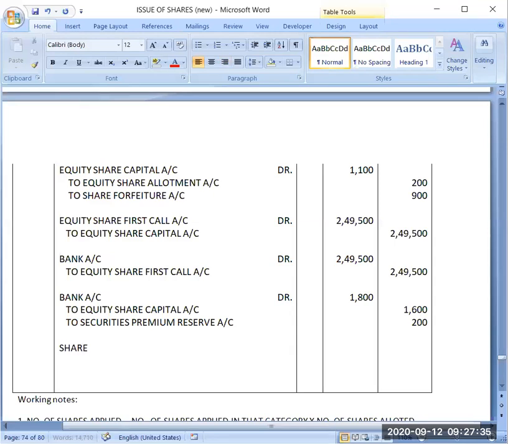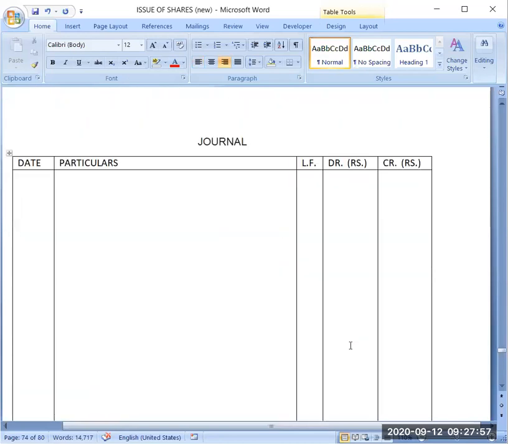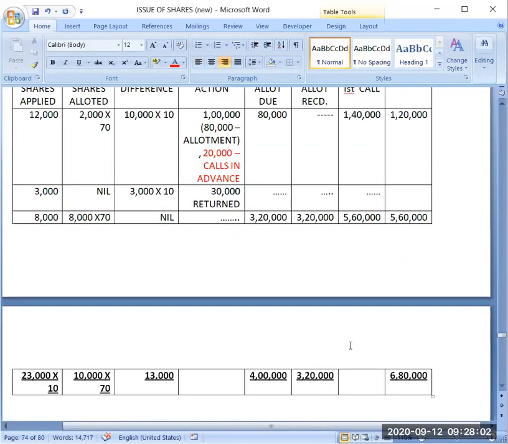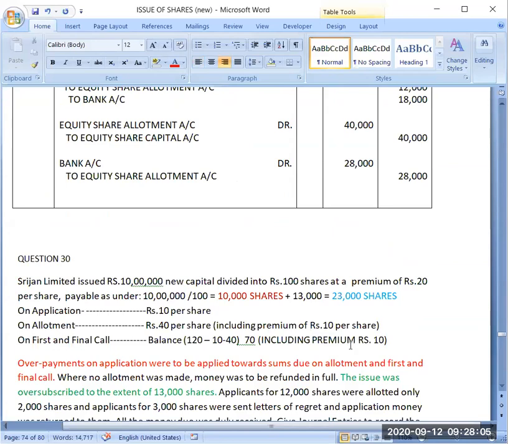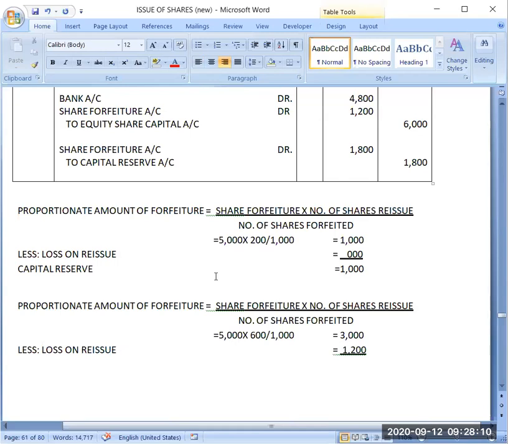Now, share forfeiture account debit to capital reserve account. So now we have to calculate the capital reserve. For that, we will first make the working note.